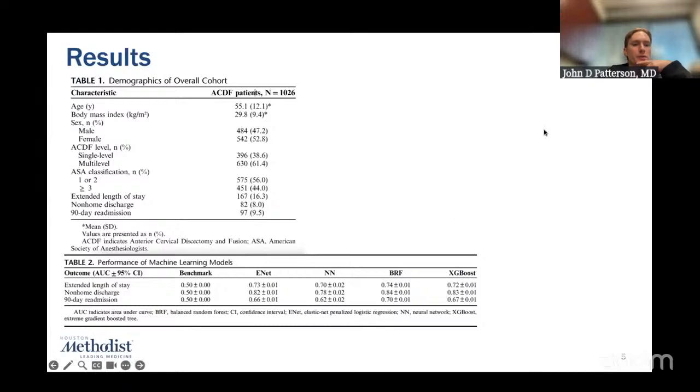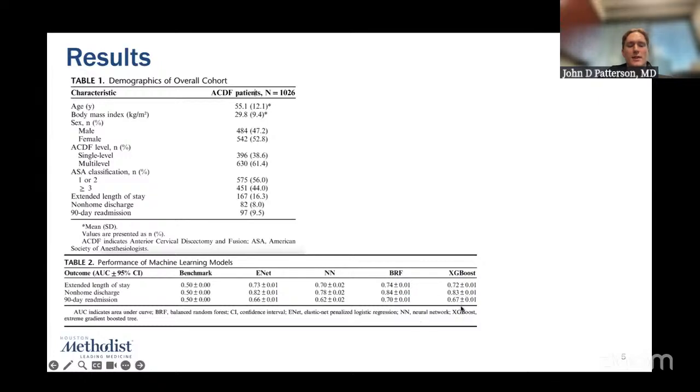As far as the results of this paper, these are just some of the demographics and spread. And then this is the performance of all the different machine learning models they used here. For the benchmark, we see their area under the curve was 0.5, so that was not a good model at all. But the balanced random forest had a pretty good area under the curve, as well as the XGBoost, at least for non-home discharge.